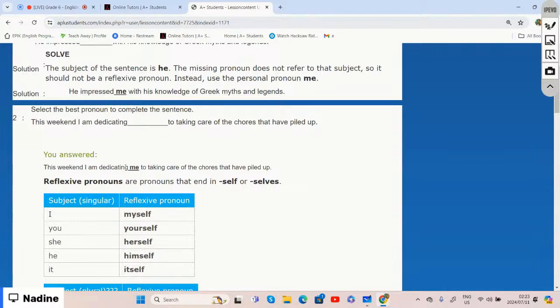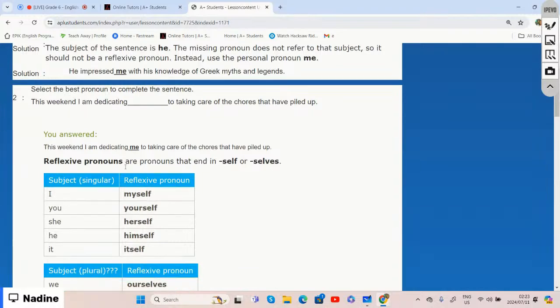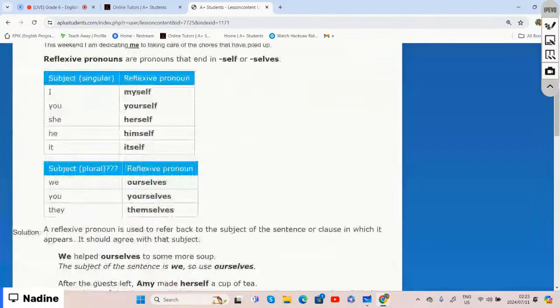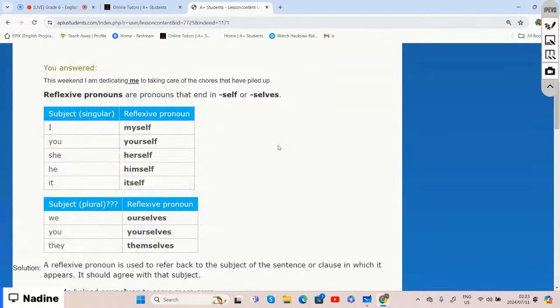So these are reflexive pronouns, right? We see that reflexive pronouns are pronouns that either end in self or end in selves. And I told you earlier on that our singular subjects end in the reflexive pronoun self, and our plural subjects end in the reflexive pronouns that end in selves, right?